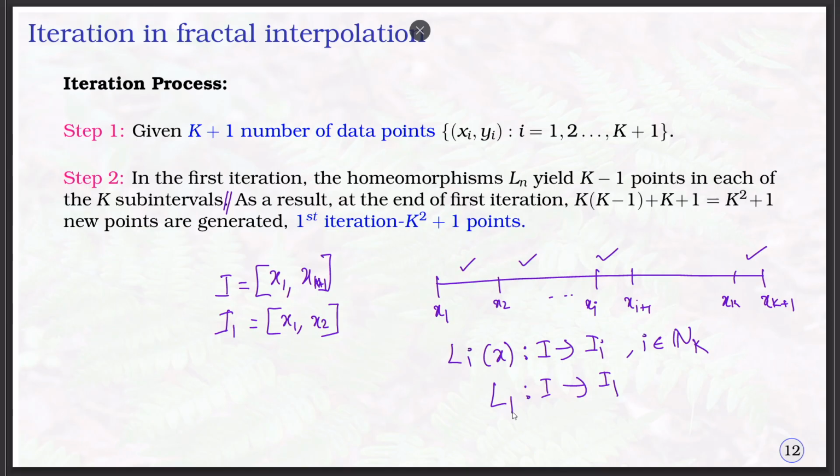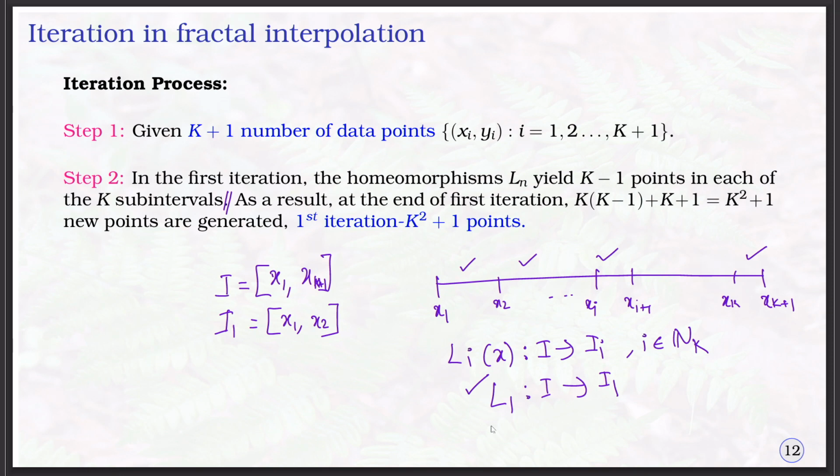This L1 is a function from I to I1, which means it is a contraction as well as a homeomorphism. That means there is a one-to-one, onto bijection between the two; L1 is continuous, its inverse exists and is also continuous, so the whole interval is mapped onto this subinterval.